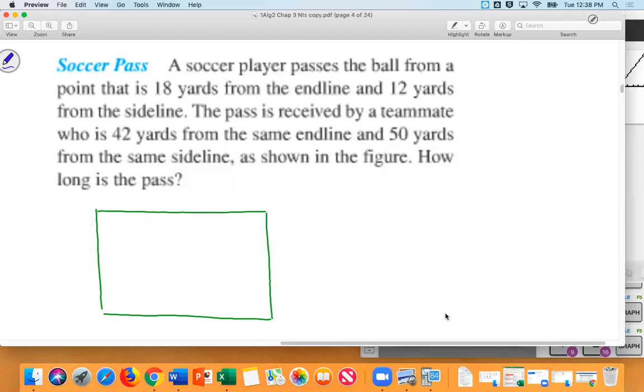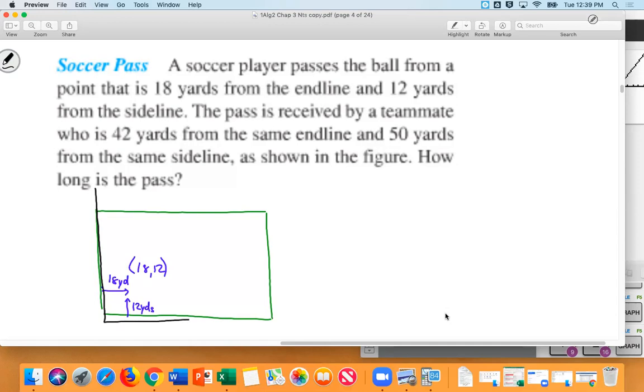All right, 18 yards from this side, and 12 yards that way. Watch this. Here's the magic. That point is 18, 12.